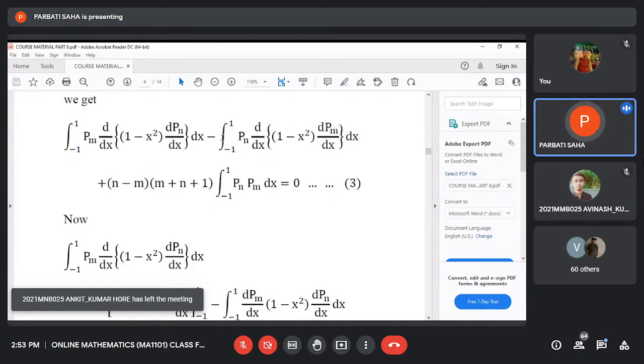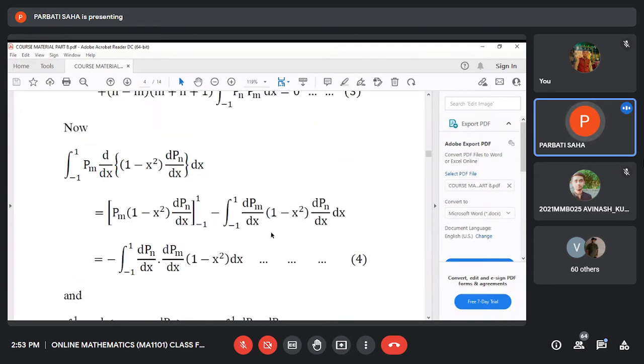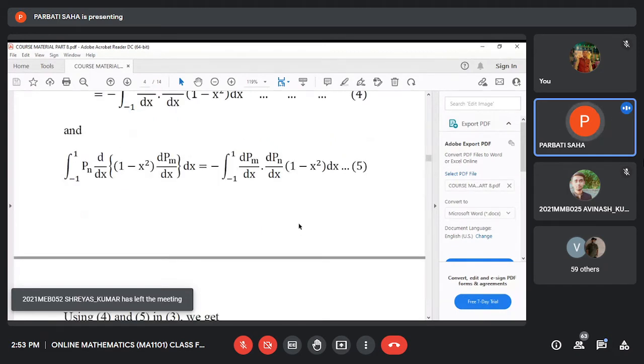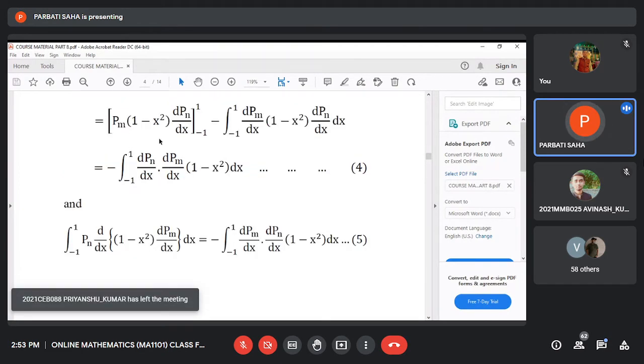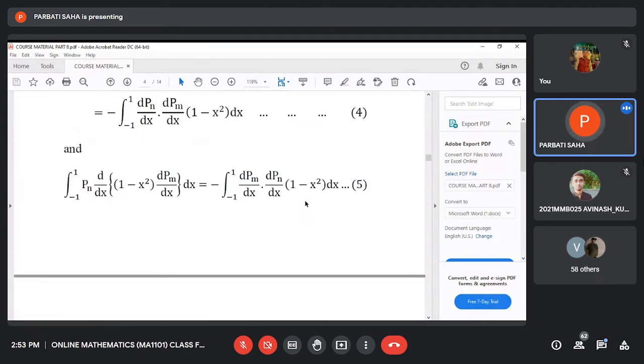So we should not calculate the second term separately; we just interchange m and n to obtain its value, to save time. So we calculate this term replacing n by m and m by n, and then it looks like this.